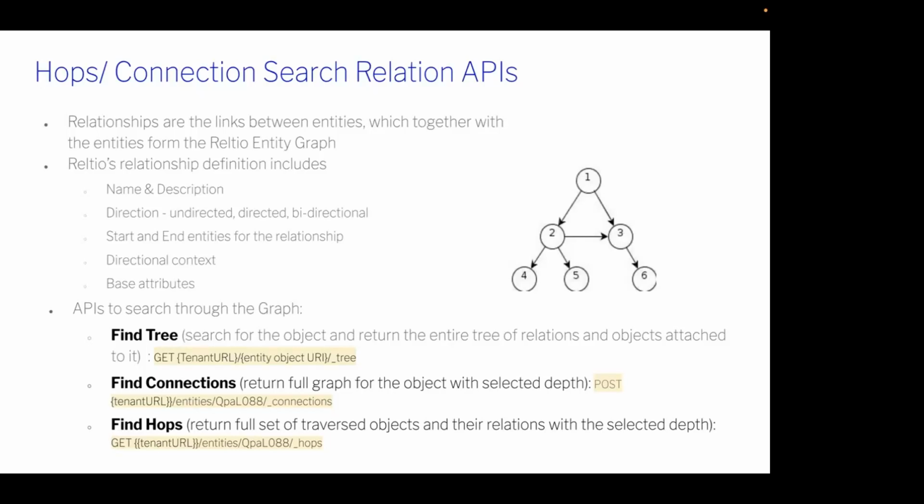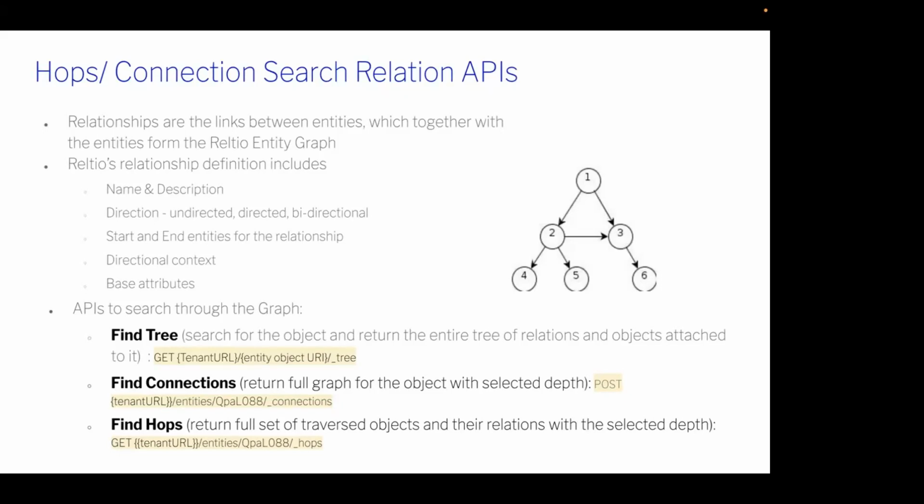It obviously contains start and end entities, basically the entities this relation is between, and it also has base attributes and directional context. When you search through your entities and relations, for example with the find tree API, you get your tenant, your entity URI, and then _tree, and then you can look into our documentation for what parameters are available there.